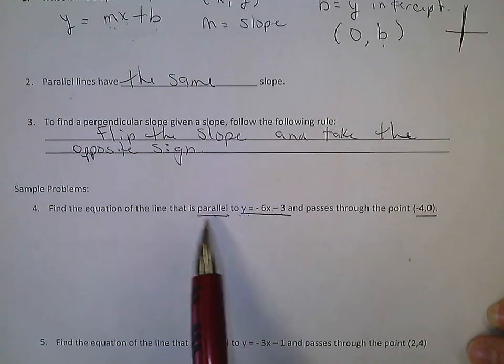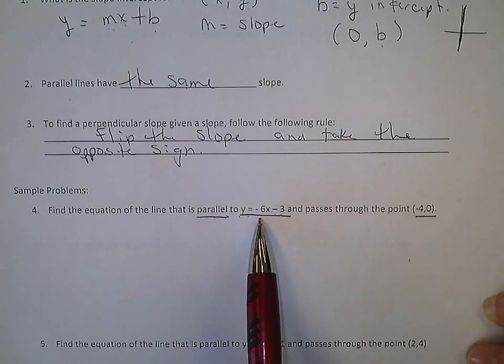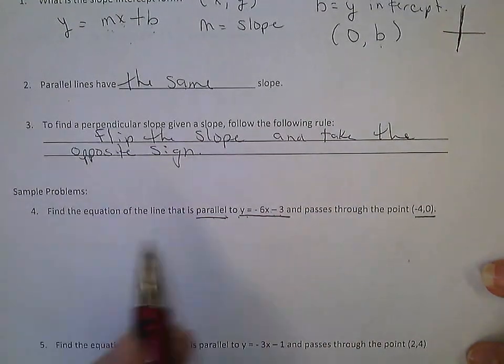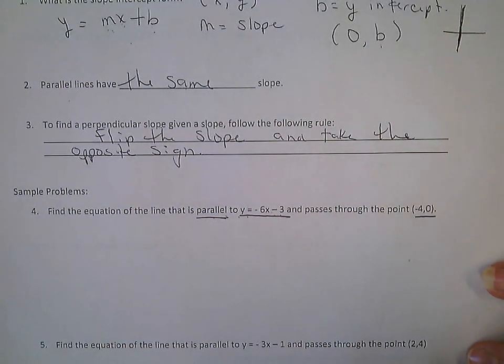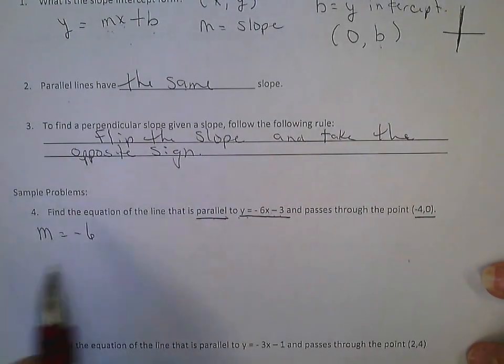So these are the main parts. We need to know we are looking for a parallel or a perpendicular line. We need to have an equation of a line, and we need to have a point. In this equation of the line, we're going to take one specific piece of information, and that is the slope. The m equals negative 6.